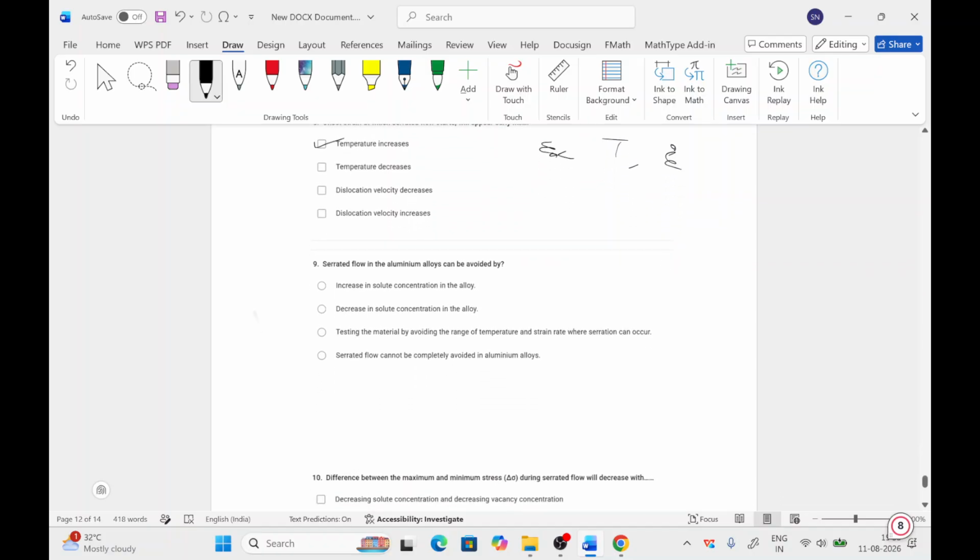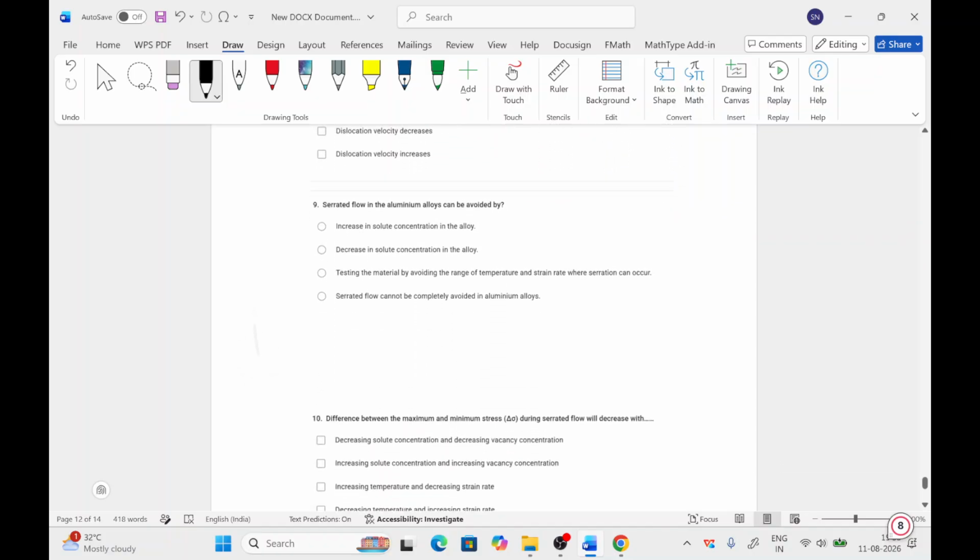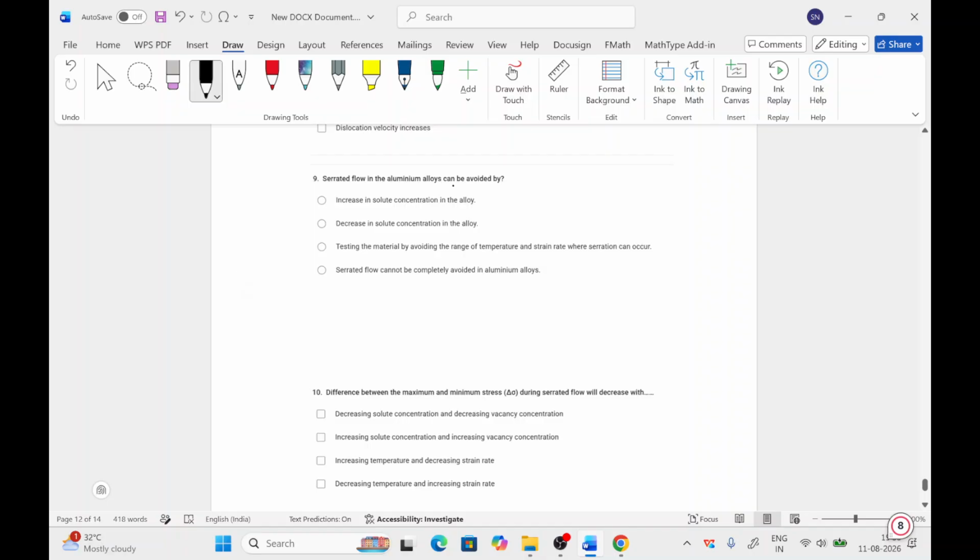Serrated flow in the aluminum alloys can be avoided by, so serrated flow occurs because of the solute concentration. So if we decrease the solute concentration, the serrated flow can be decreased. Then the third option says testing the material by avoiding the range of temperature and strain rate where serration can occur.